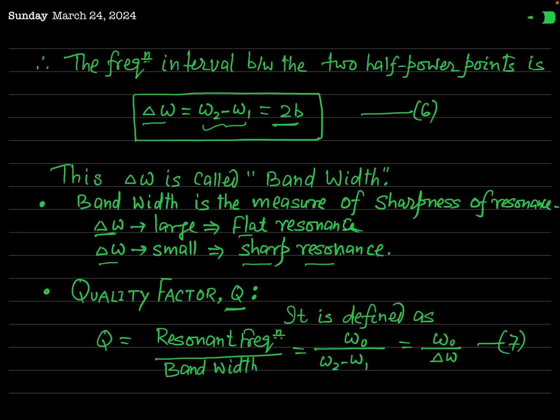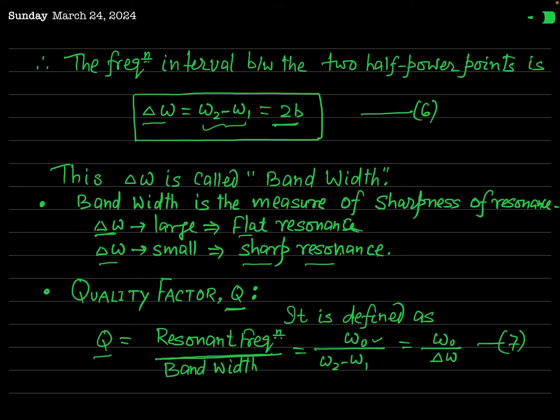In the present condition, we define the quality factor Q as the ratio of the resonant frequency over the bandwidth. The resonant frequency is omega naught, and the bandwidth is delta omega, which is equal to omega 2 minus omega 1.